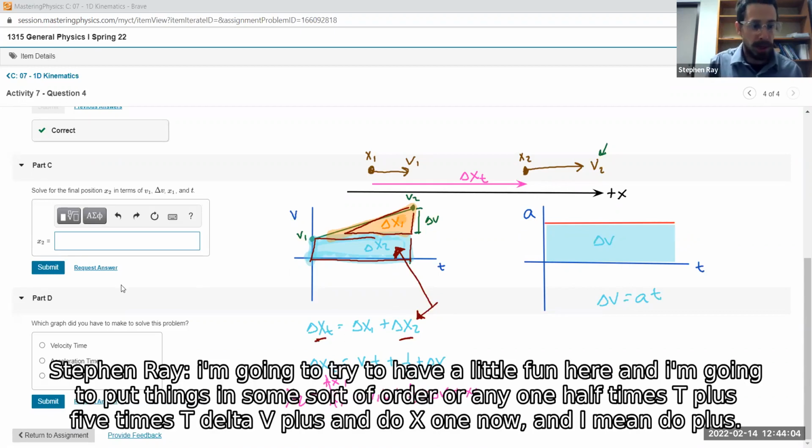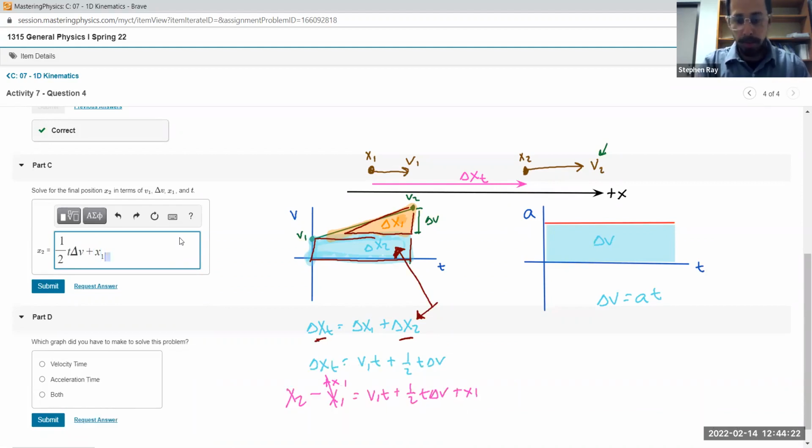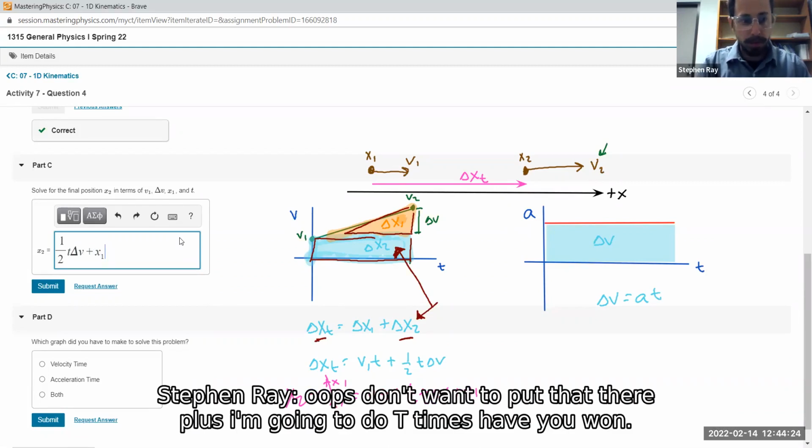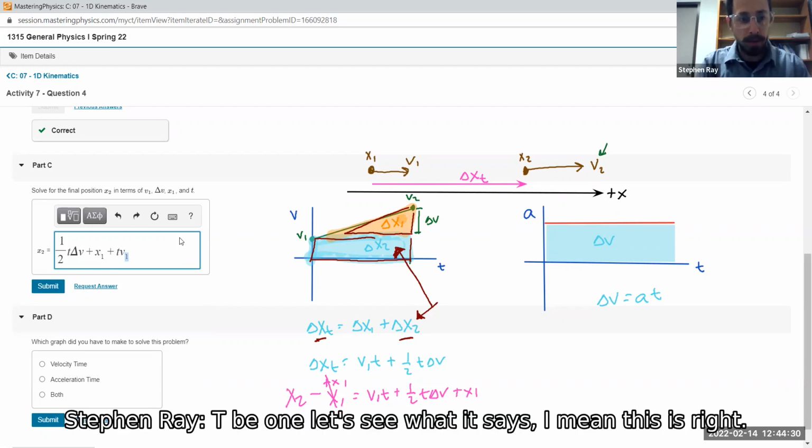I'm going to try to have a little fun here, and put things in some sort of odd order. I'm going to do 1/2 times t delta v, plus x1, plus t times v1.